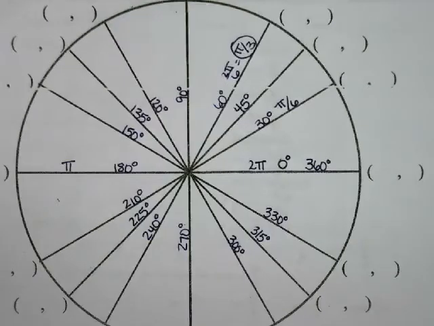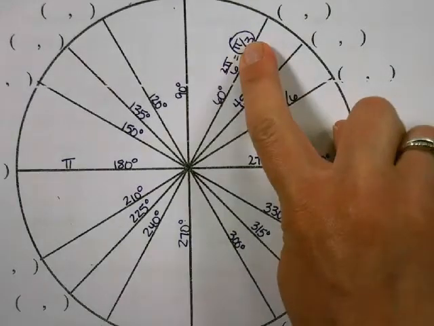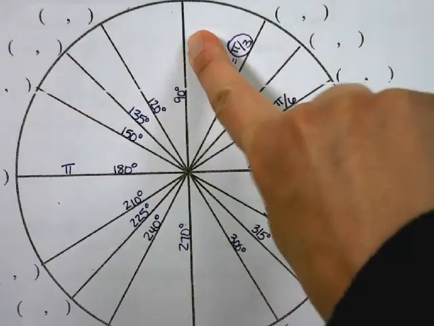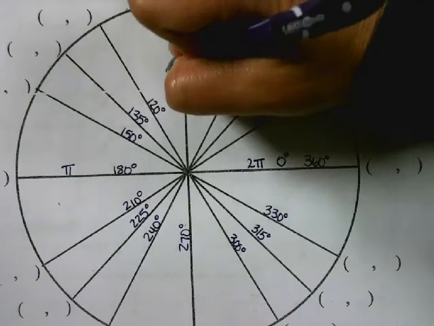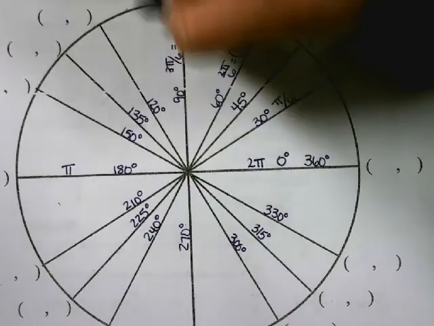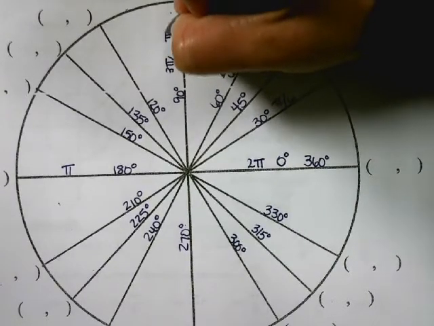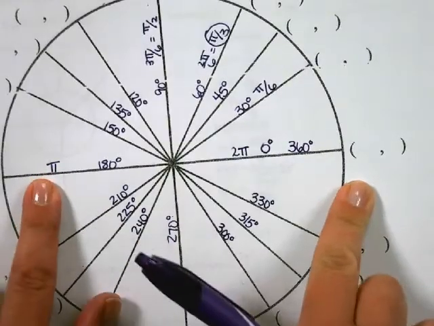We broke this half into 6 equal pieces, so this is one of them. 1 pi over 6, 2 pi over 6, 3 pi over 6. It's okay to write it as long as you continue to reduce it. So what does it become? Pi over 2, which makes sense because it's half of pi.